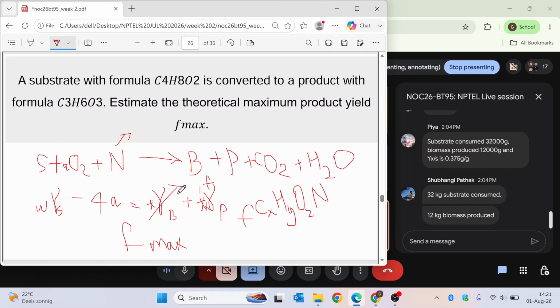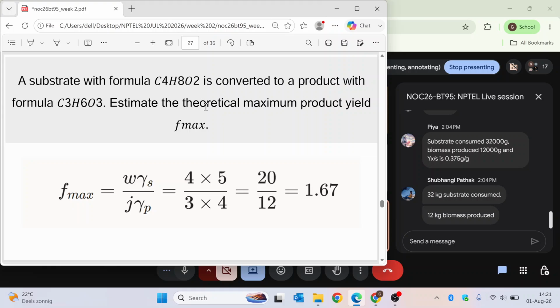So from that, what is the relation essentially? This is the relation: F max is equal to W times the degree of reduction of your substrate divided by J times the degree of reduction of your product.